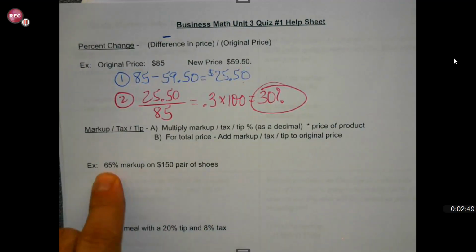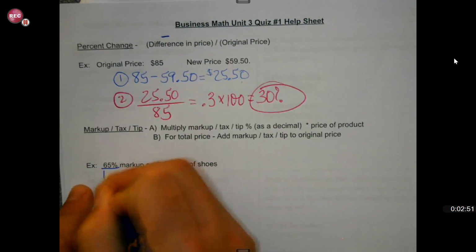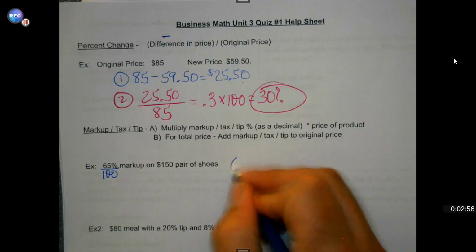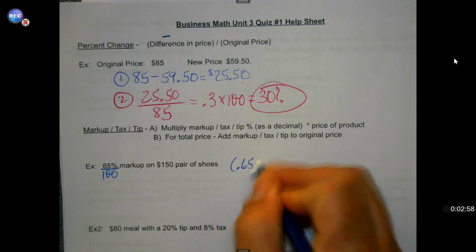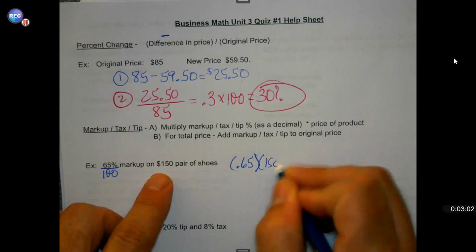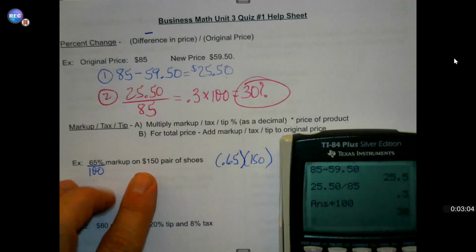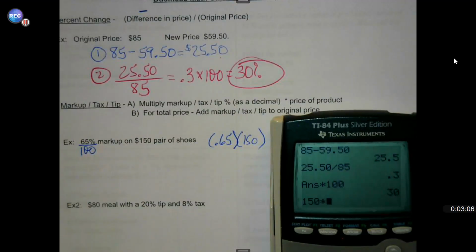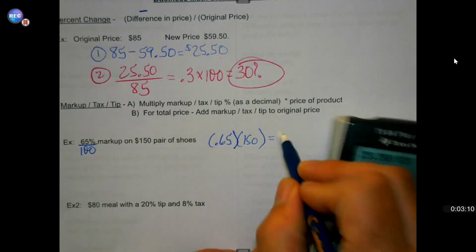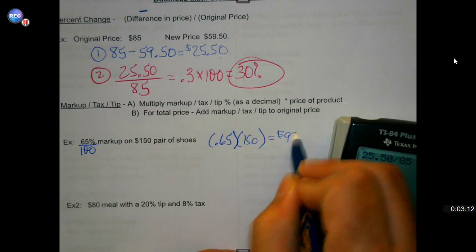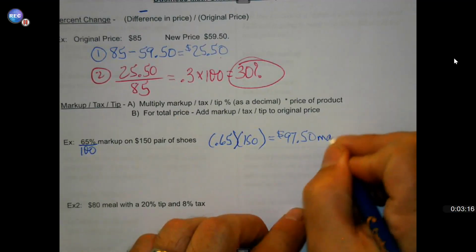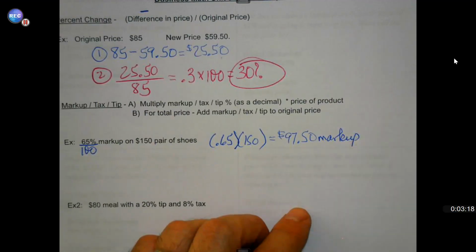You're going to take the percent as a decimal, again, divide it by 100, times the price of your product. So, let's see here. $97.50 is not the price. $97.50 is the markup.